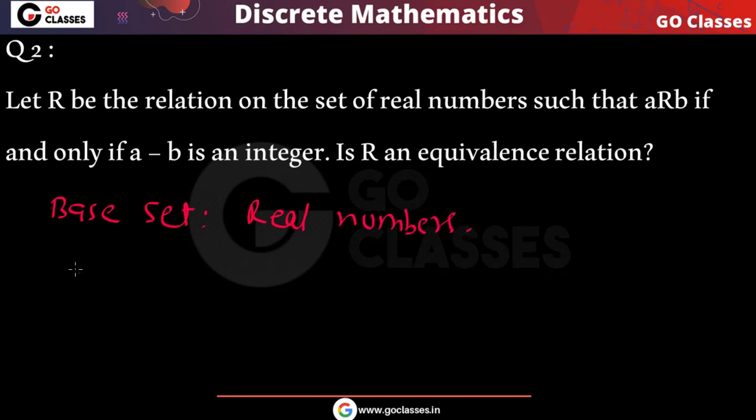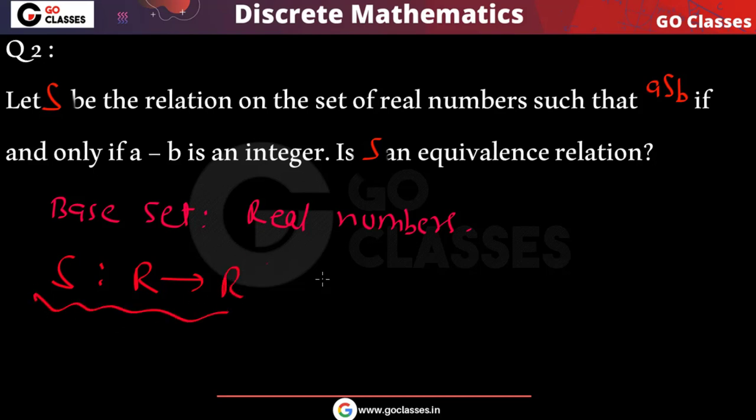Let me call this relation S, so that there is no confusion. This relation S is defined on the set of real numbers, from real numbers to real numbers, and we are saying A is related to B if and only if A minus B is an integer.